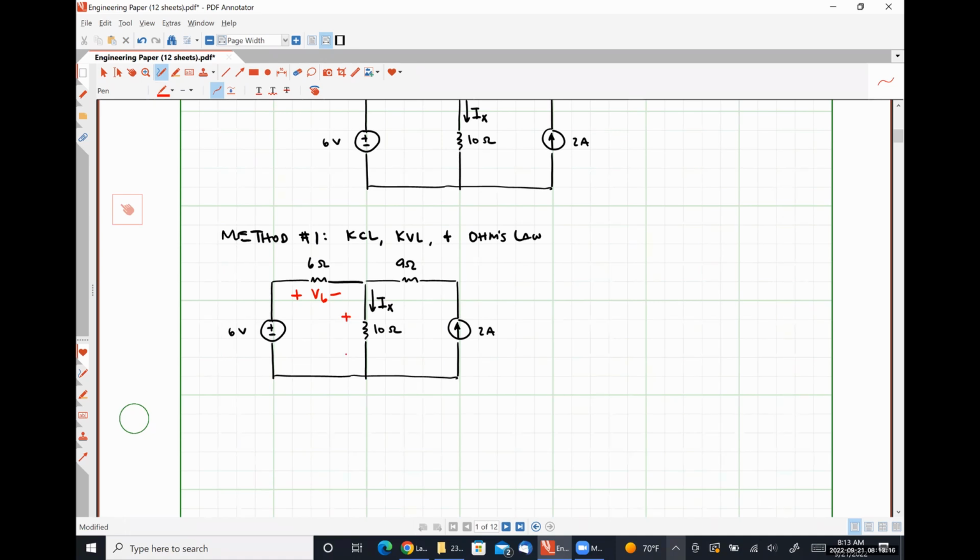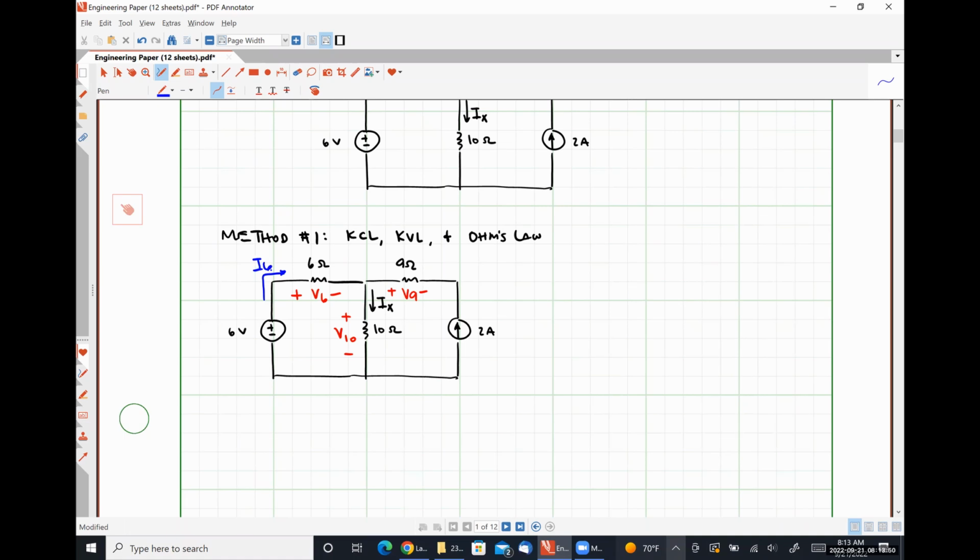I am also going to say that there is a voltage drop across the 10 ohm resistor, positive polarity on top, negative polarity on bottom, and there might be a voltage drop across the 9 ohm resistor as well, arbitrarily positive polarity on left, negative polarity on the right. There may be some current flowing through the 6 ohm resistor, which I'm going to call I6.